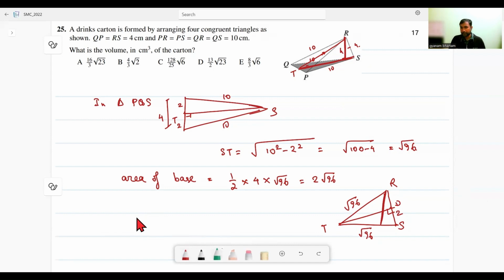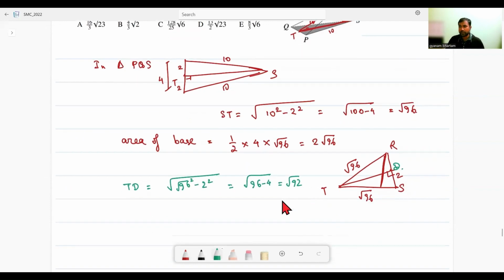So let's assume this is D. TD is going to be the square root of 96 minus 2 square. Since we are squaring it, we get 96 minus 4, or the square root of 92. Since we have the square root of 92, we can find the area.